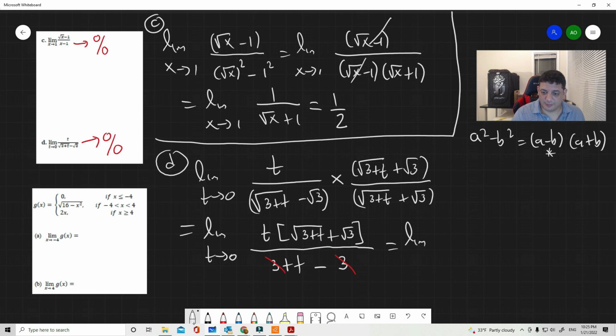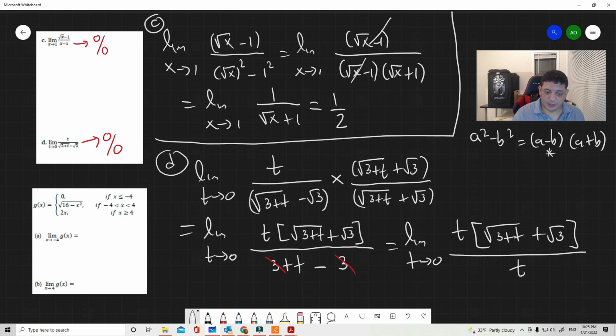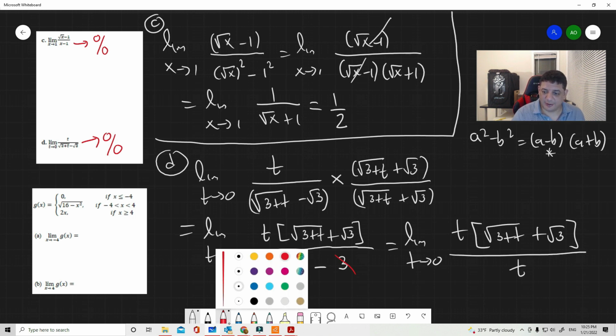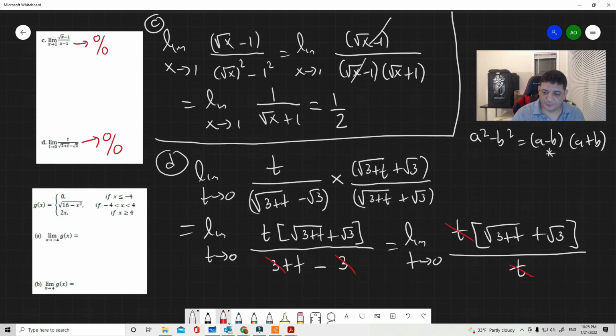So this is the limit when t goes to 0 of t over t times the square root of 3 plus t plus the square root of 3. So now I can cancel out this t, and the only remainder is going to be the sum of those roots on top.